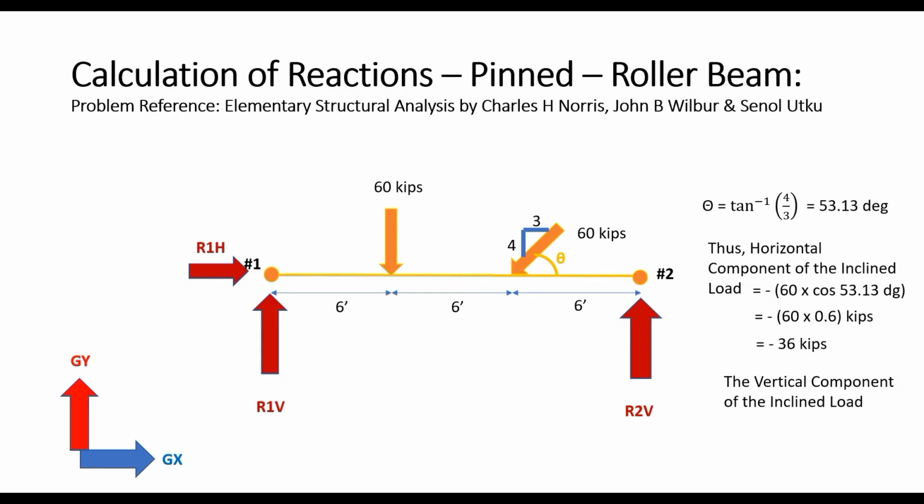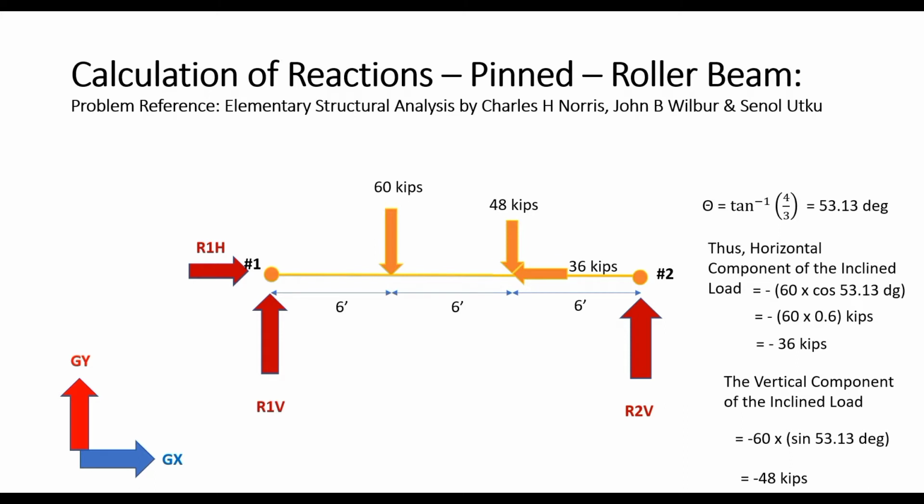Now to calculate the vertical component, it would be 60 into sine of theta, which would be calculated as 48 kips. Again, there would be a negative sign before it because the vertical component of the 60 kip inclined load would be acting along the negative direction of the global y-axis.